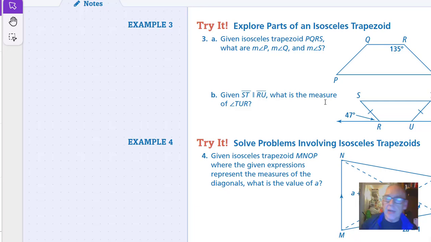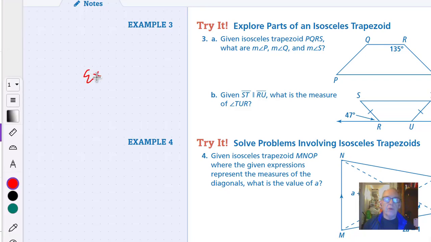Now we're going to talk about an isosceles trapezoid. A trapezoid is a quadrilateral with exactly one pair of parallel sides.